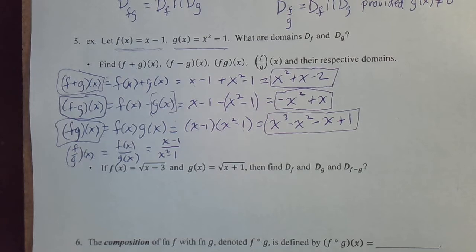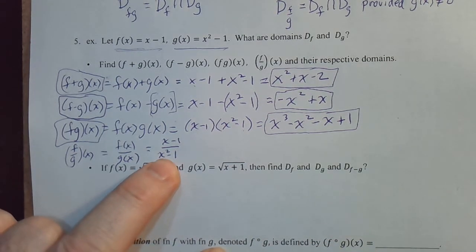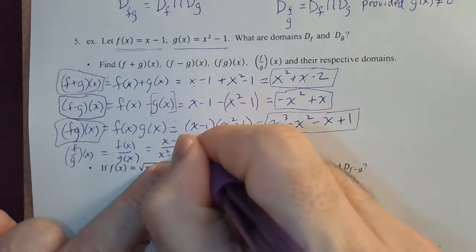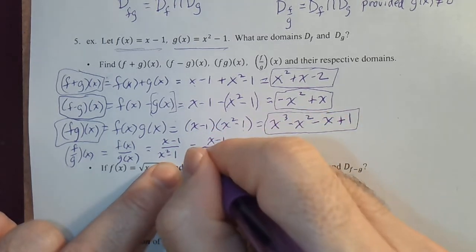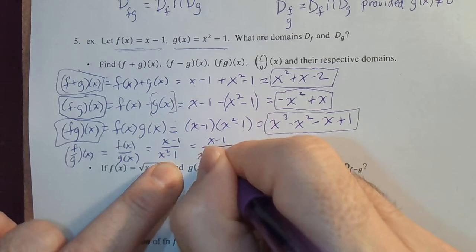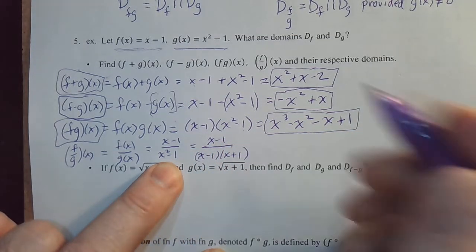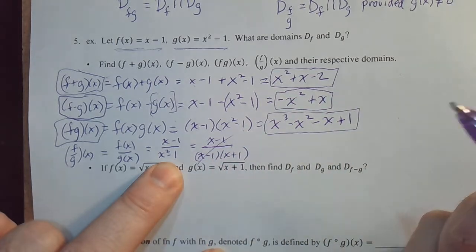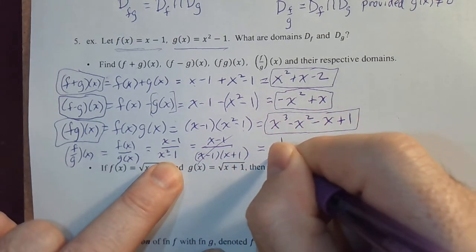We should simplify that. Why isn't it simplified? Because what is that bottom? The bottom is the difference of two perfect squares, x squared minus 1. So that's x plus 1, x minus 1. So I get on top x minus 1 over x minus 1, x plus 1. So the x minus 1's cancel, simplifying this to 1 over x plus 1.